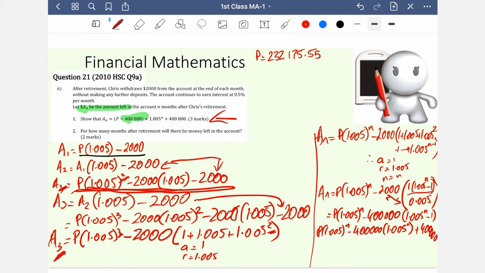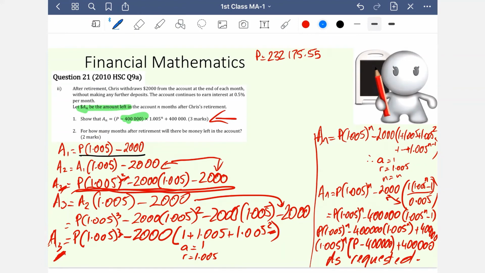Take out 1.005 to the power of n as a factor. That will leave you with P minus 400,000, plus the 400,000, which is exactly what was requested. That's it. You've done it.